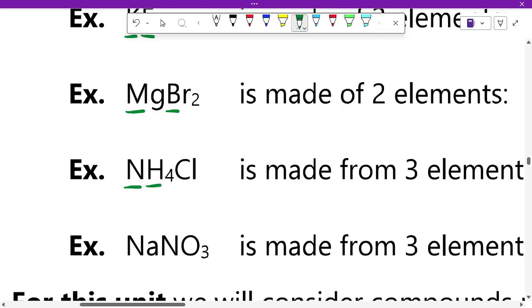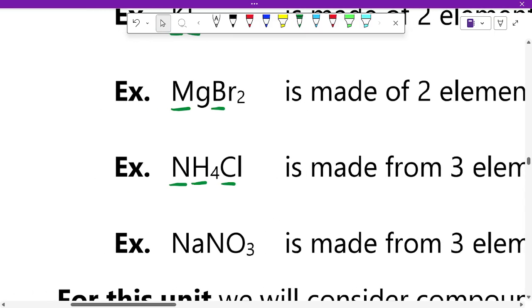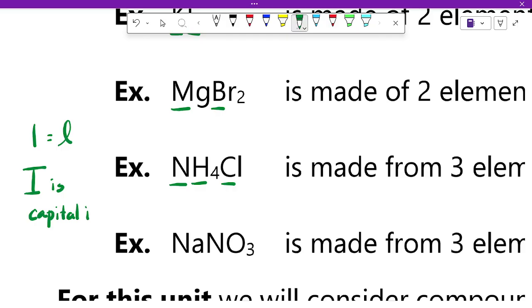1, 2, 3. And remember, L is L. I is going to be capital I. How about NaNO3? How many elements? 1, 2, 3.